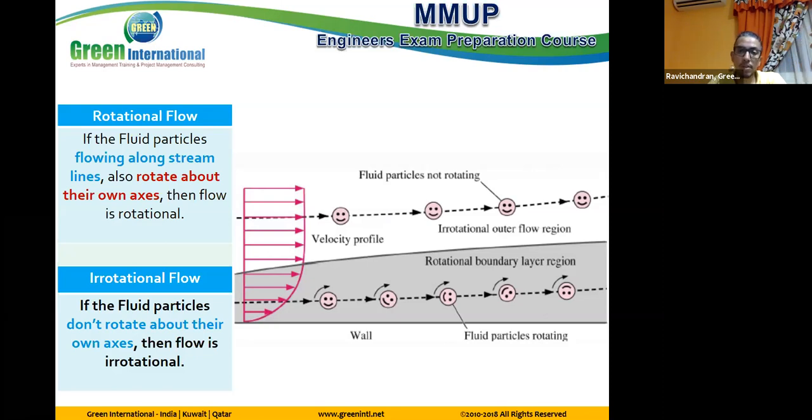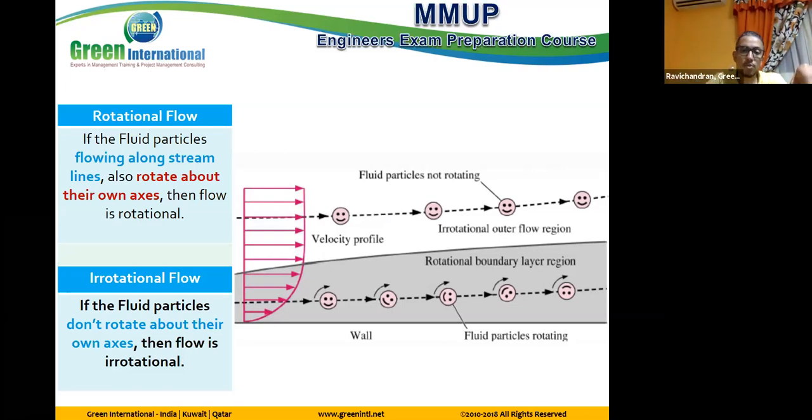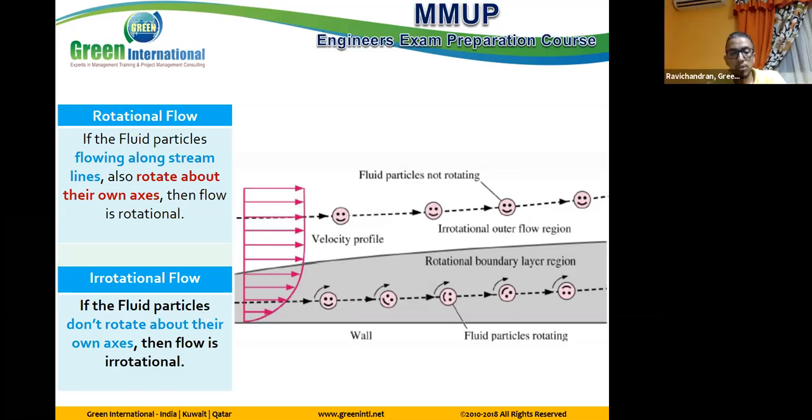If the particle is not rotated along any axis, like the first one, the upper one, this is irrotational flow. But if it is rotated along one axis, this is rotational flow. Clear?